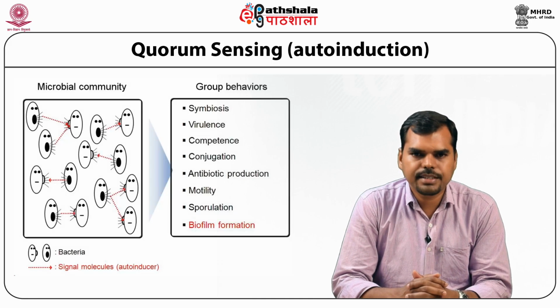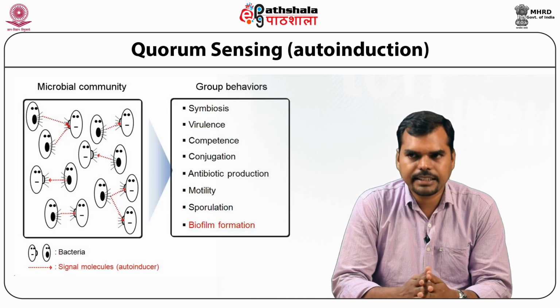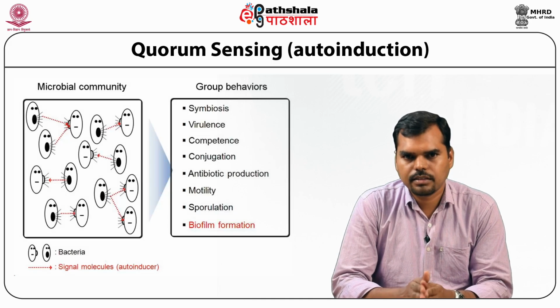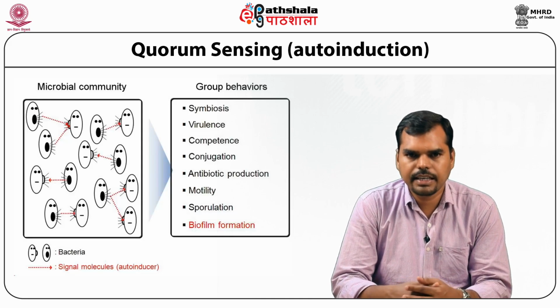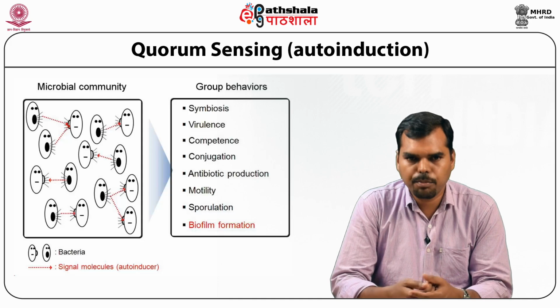Then what is quorum sensing? This is a part of bacterial interaction which results in developing unique sensing compounds which help in identification of cell density and production of different compounds, that is metabolic compounds.